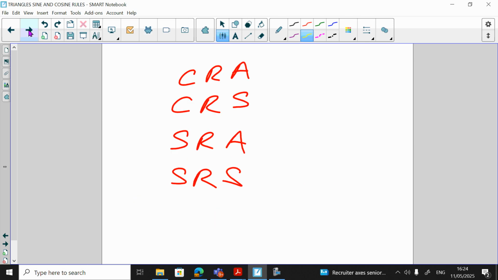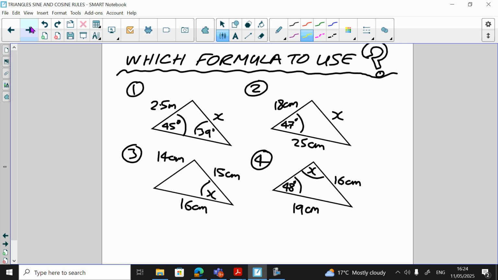So I'm going to have a little quiz here. CRA, cosine rule for angle, cosine rule for side, sine rule for angle, sine rule for side. So let's have a go. I don't expect you to solve these, but you can at your leisure. I'm not going to put up the answers.